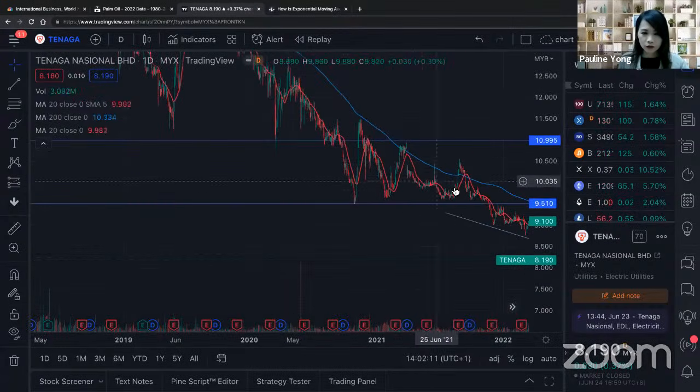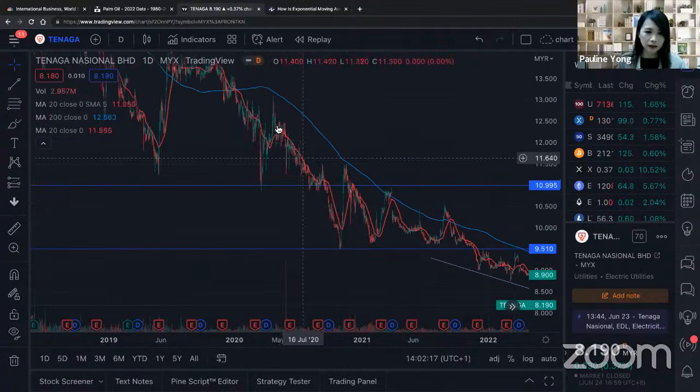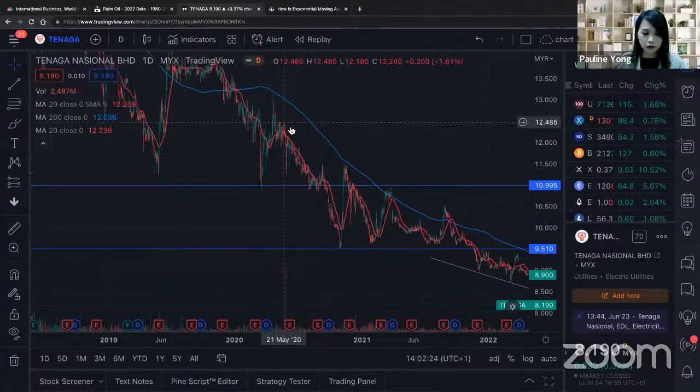This one is also crossing. When you see the line crossing inside the candlestick, that means it is not really enveloping. Just now with the front can, you see the red line is actually outside, touching the top of the candles. But this one you see it is merging together with the price.